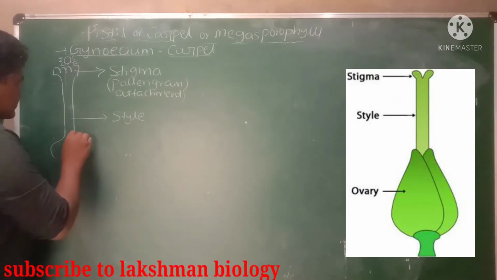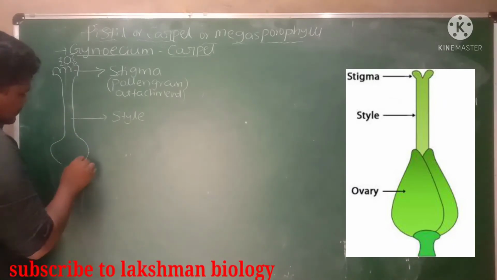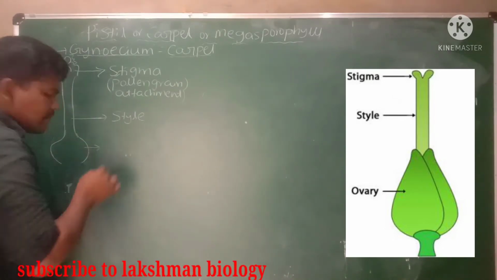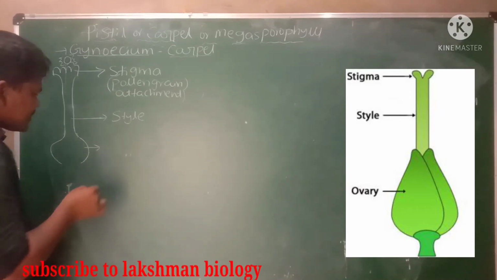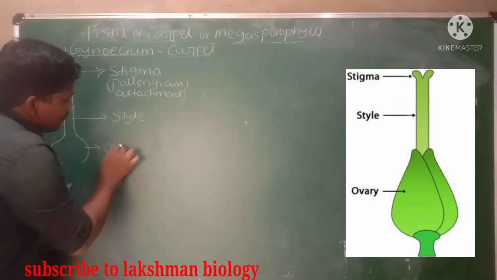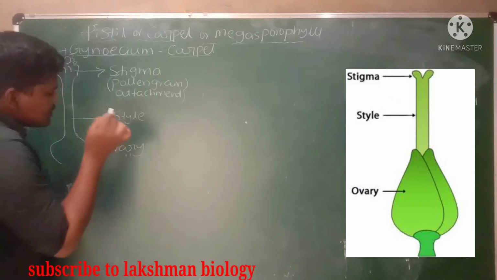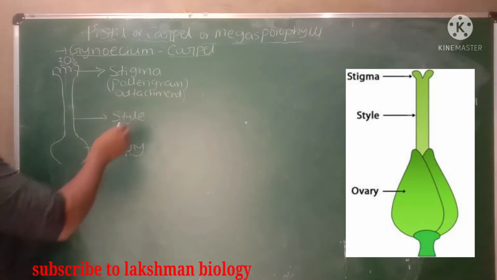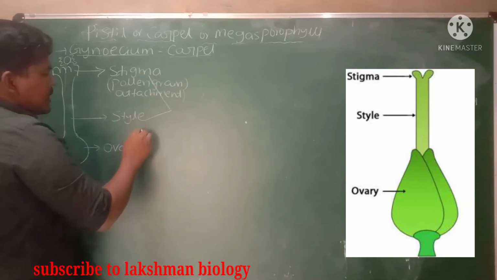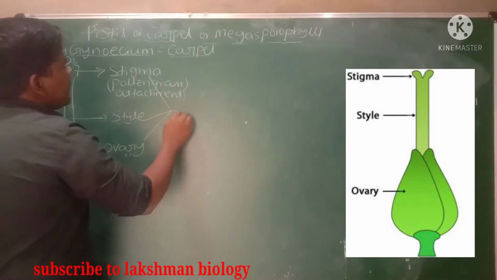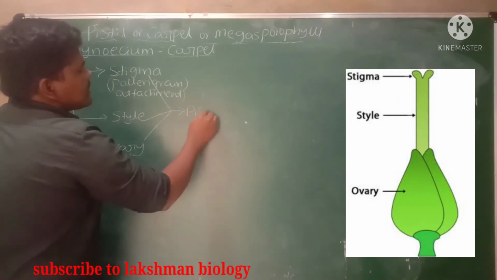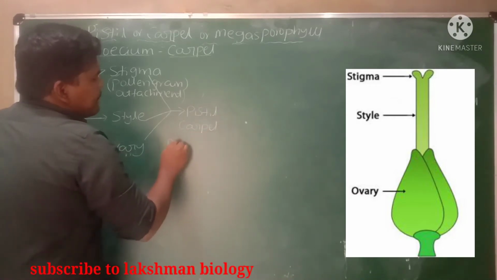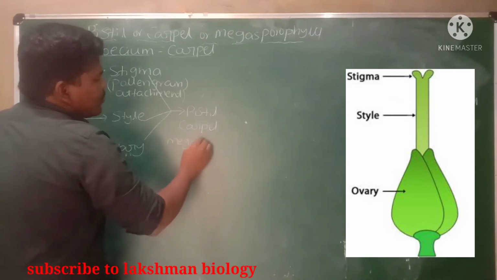Then there is a swollen structure which forms the base of the carpel or pistil or megasporophyll, called ovary. These three parts, that are stigma, style, ovary, combinedly form the pistil or carpel or megasporophyll.